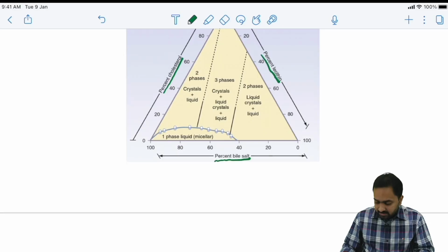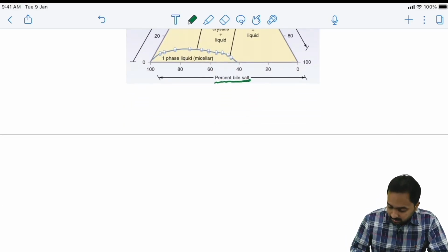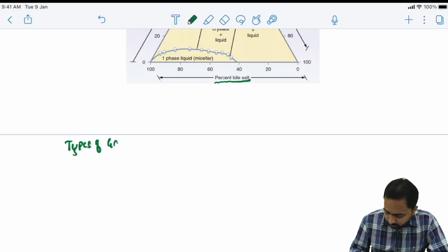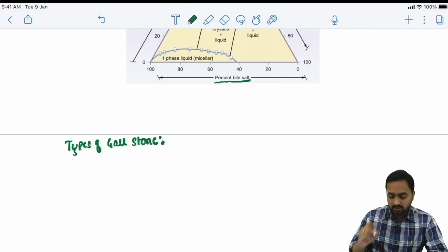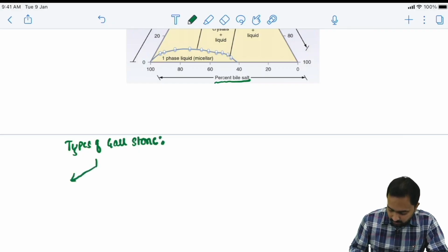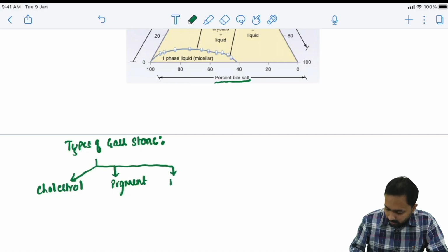Moving next, the next part is the types of gallstone. What are the various types of gallstone? As we all know, it's cholesterol, pigment and mixed, right?